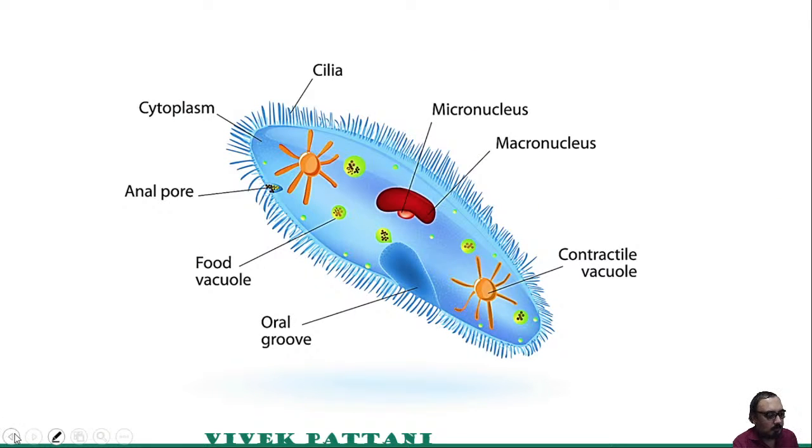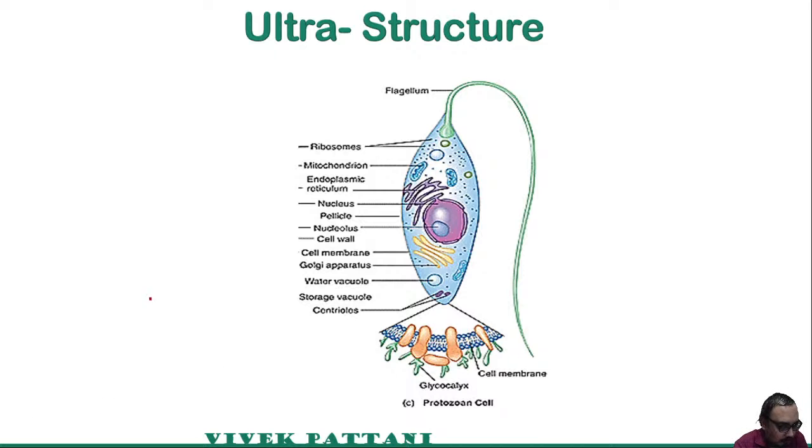So now moving towards the ultrastructure. This is just a diagram of a protozoan cell, and it is similar to that of a eukaryotic cell. This cell possesses most of the organelles of the eukaryotic system, but they differ from plant cells.